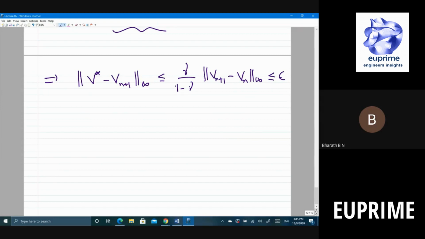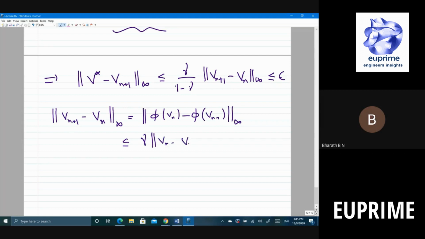So now let's look at this term, the infinity norm of v_{n+1} minus v_n. That's equal to the infinity norm of phi of v_n minus phi of v_{n-1}, which is less than or equal to nu times the infinity norm of v_n minus v_{n-1}.